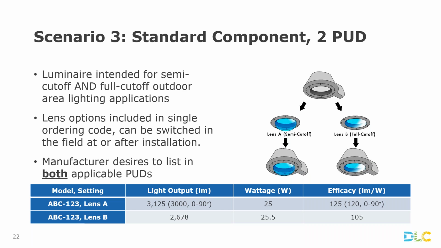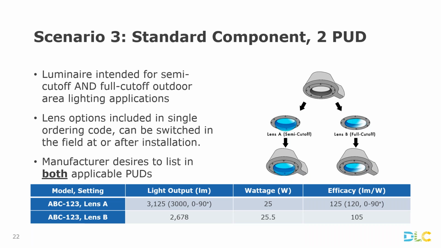This is not a scenario where the two lenses are called out with two unique model numbers. This is a scenario where they're both the same model number, right? So let's imagine a product here that's a luminaire, comes with two lenses or trim kits, one intended for semi-cutoff end uses and one intended for full cutoff end uses.